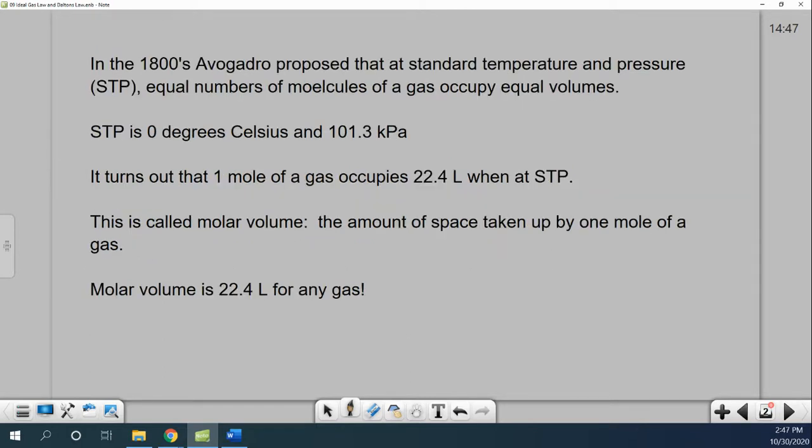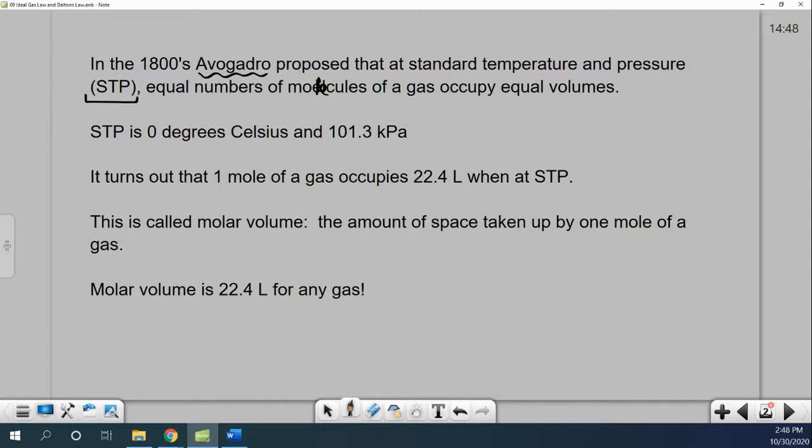Now we're going to go back to the 1800s. Our good friend Avogadro, who we know well from Avogadro's number, he proposed that if we had a certain temperature and pressure, which he called standard temperature and pressure, STP, that equal numbers of molecules of a gas would occupy equal volumes.